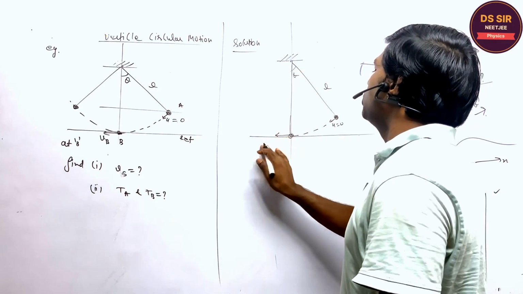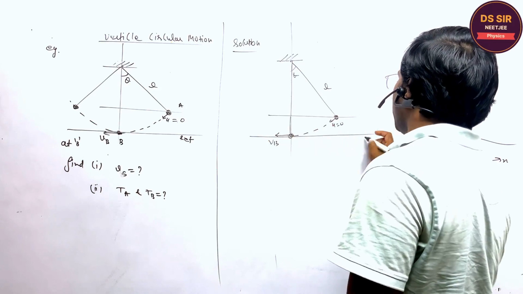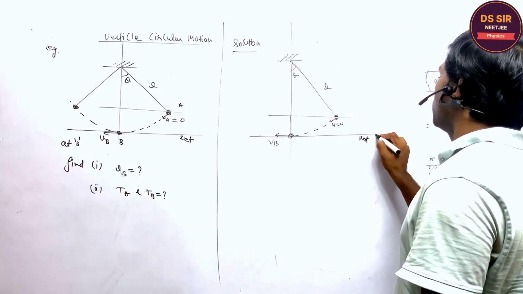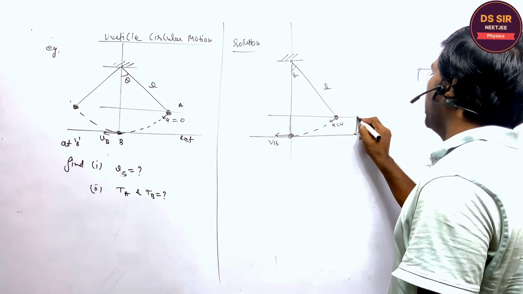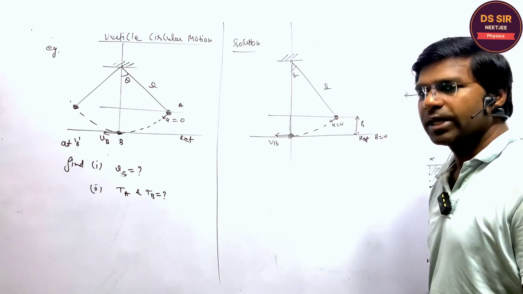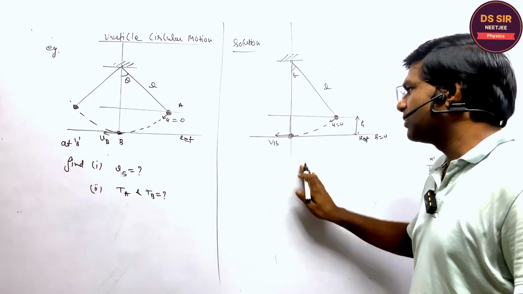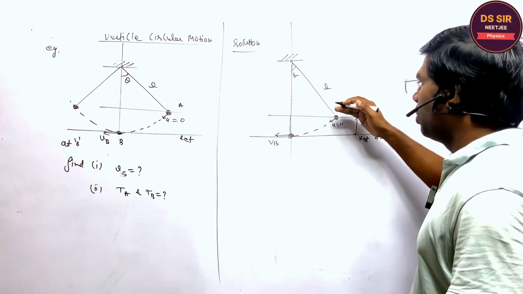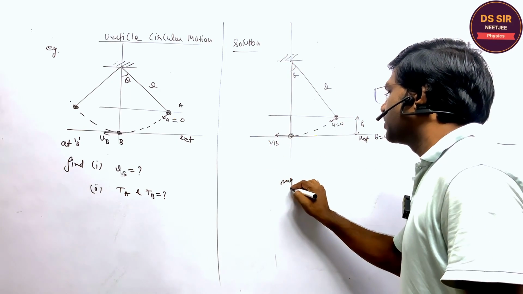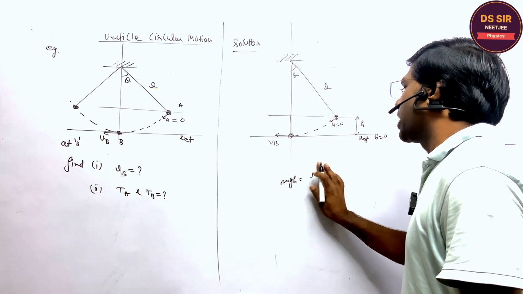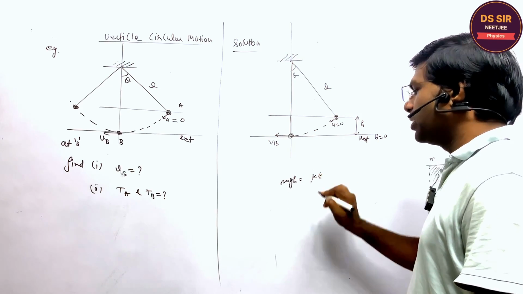If we take the reference 0, h is 0 over here. What is the height h? We will apply the conservation of energy, that all the potential energy is converted into kinetic energy. Are you getting it or not?